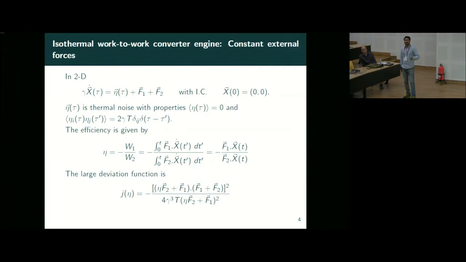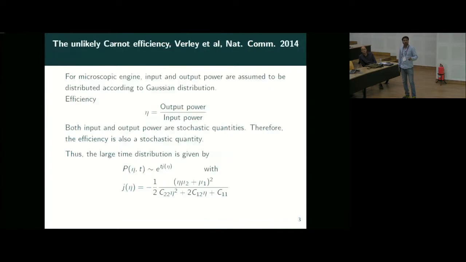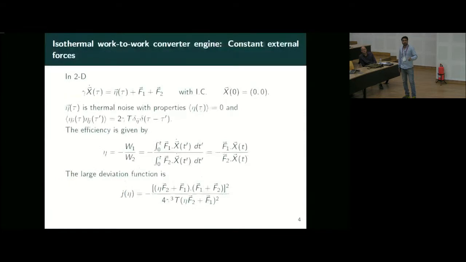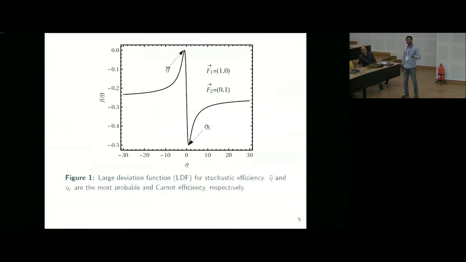Since xt depends linearly on the thermal noise, this is a Gaussian variable, so it is simple: one can calculate the large deviation function by putting these values in, and one can write down the large deviation function. They plotted this large deviation function, and it has a very nice structure like this.